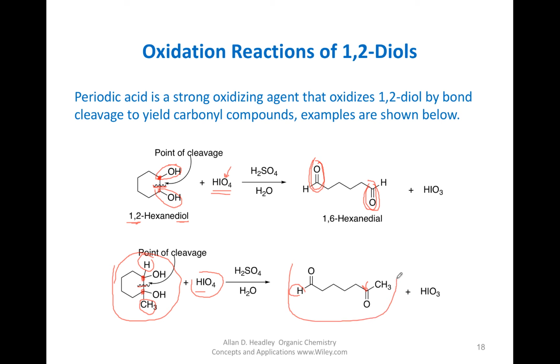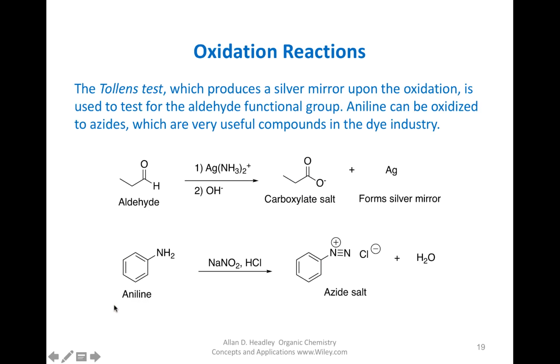If you get this as a product, and you can determine the structure from your spectroscopy, the infrared and NMR, for example, if you know this is the structure of the product from the oxidation reaction, you can deduce that this is the structure of your unknown compound. By the way, the tutorial set that you'll get shortly will have examples like this.